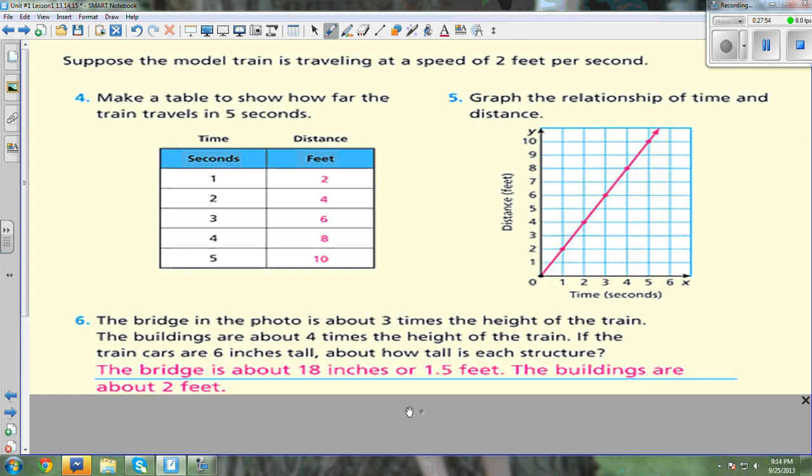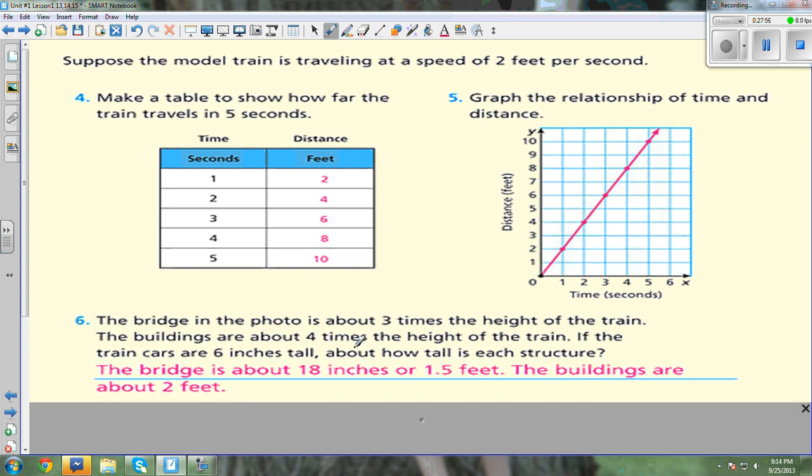So really, the bridge is about 18 inches. 6 times 3. Okay, and then it converts 18 inches to 1.5 feet. The buildings are about 2 feet. 6 times 4 is 24, or 2 feet. Copy 4, 5, and solve 6 in your notebook, please.